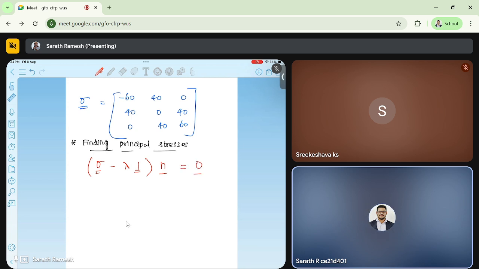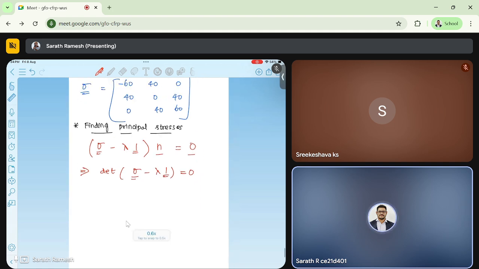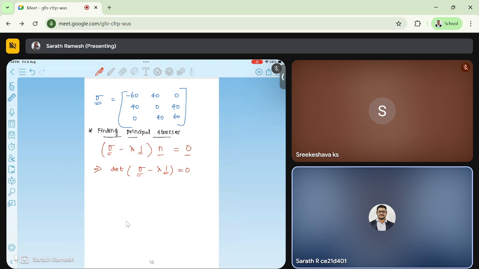So this implies the determinant of sigma minus lambda times identity is equal to 0. Now this is equal to the matrix minus 60 minus lambda times I.